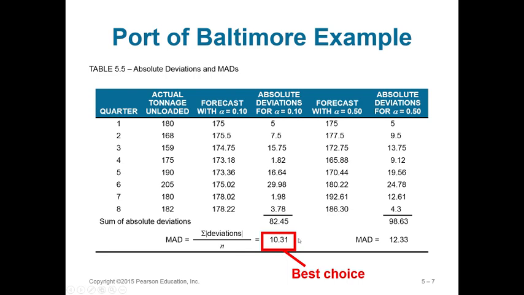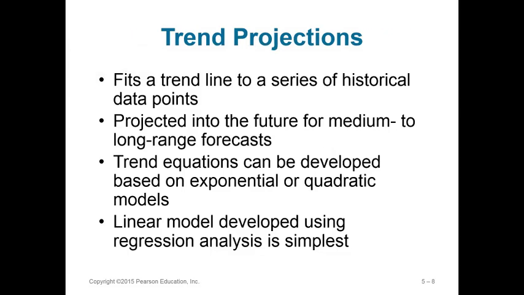So this would be the best choice for a smoothing constant between these two. But there could be a better one, and you would just have to look at it, look at the data, and see which one would help you to forecast better from 1 month or 1 quarter to the next.